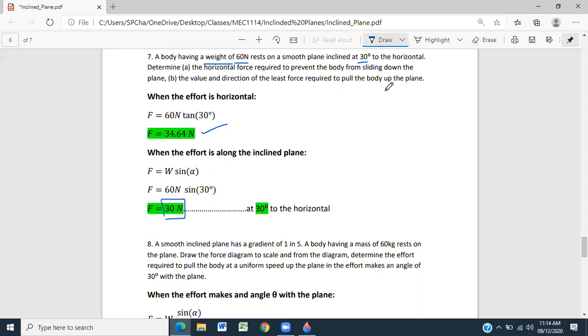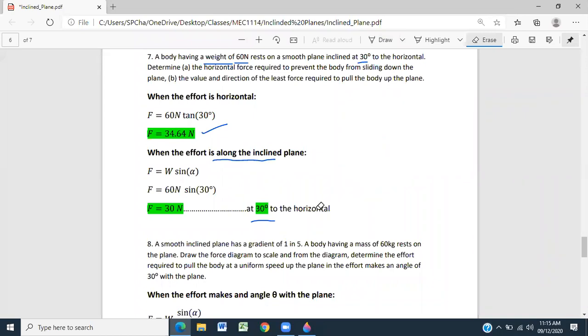And again, since we're pulling along the inclined plane, the direction should be the same as the plane. If the plane is inclined at 30 degrees, and we're pulling along this plane here, then that should be the direction of this force, at 30 degrees to the horizontal. Yeah.